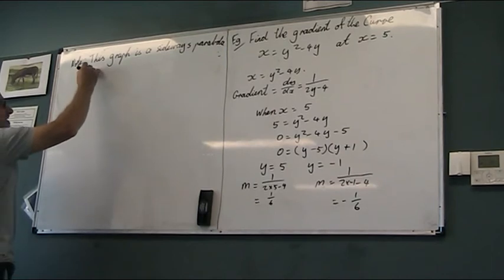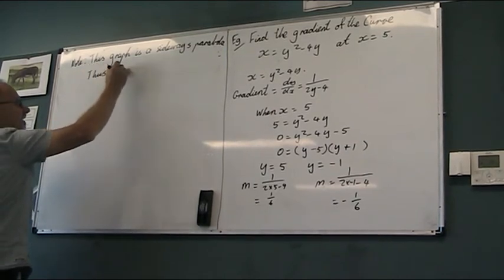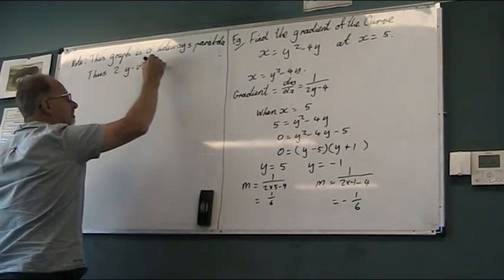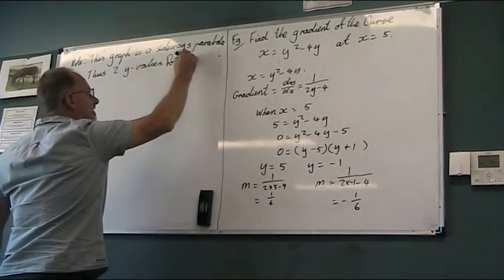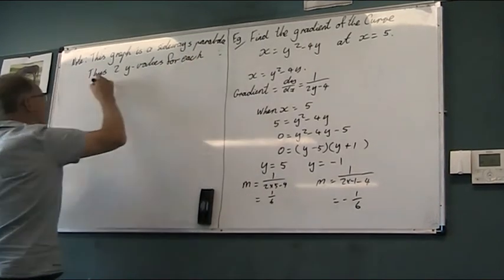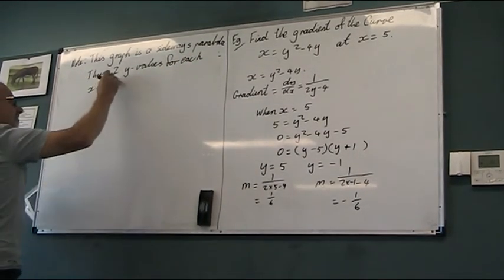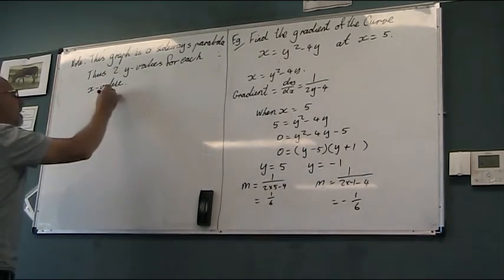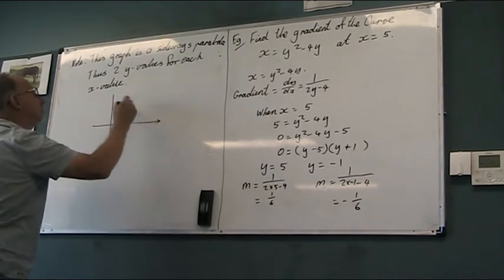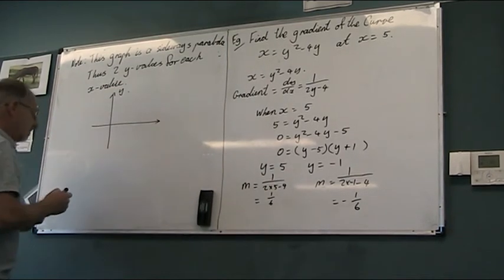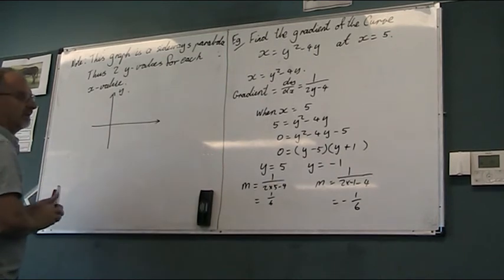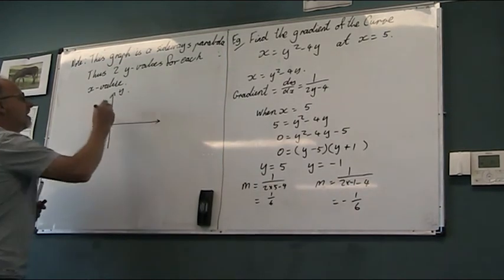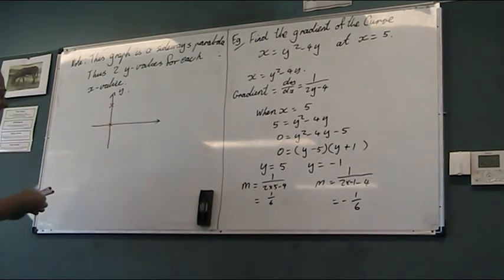And so because it's a sideways parabola, then we're going to have two y values for each x value. Alright, and this particular one has intercepts there and there.